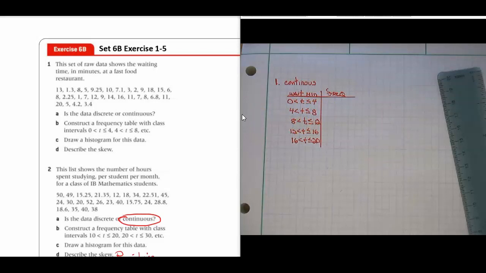So I have anything bigger than 8. 1, 2, 3, 4. 1, 2, 3, 4, 5.